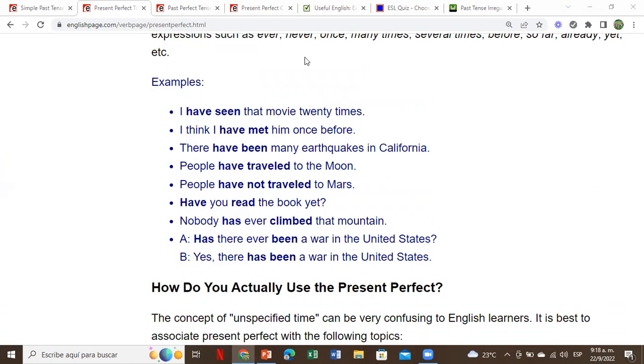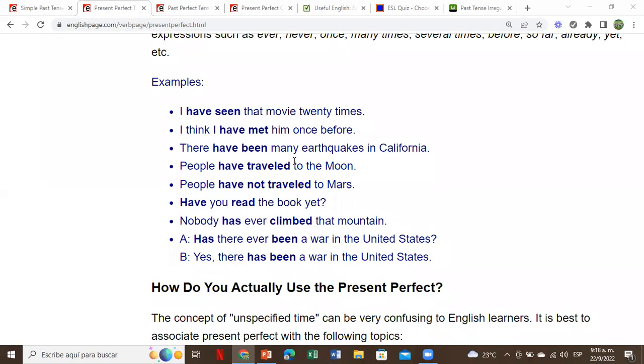Okay, let's see. Who was the first one? Gerald said he hasn't bought a car last year. Has he bought a car last year? Okay, present perfect.